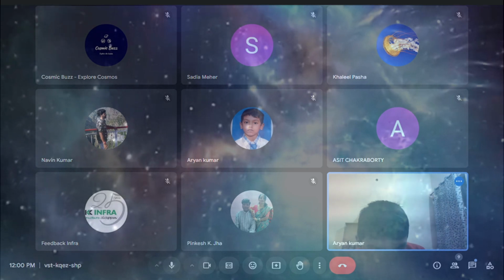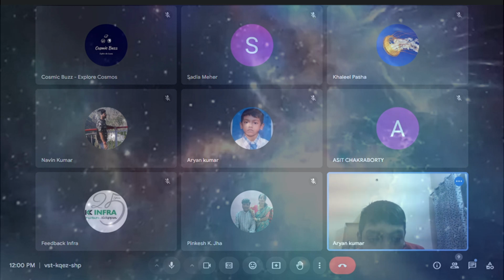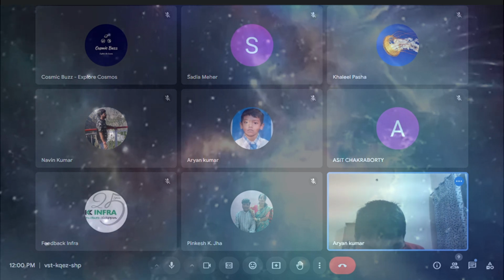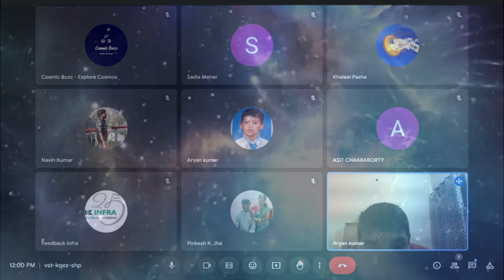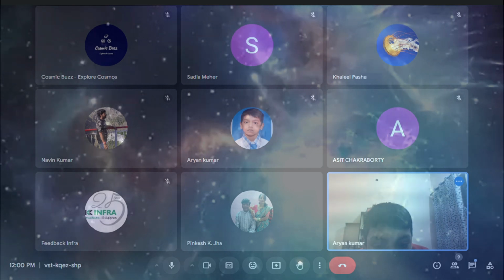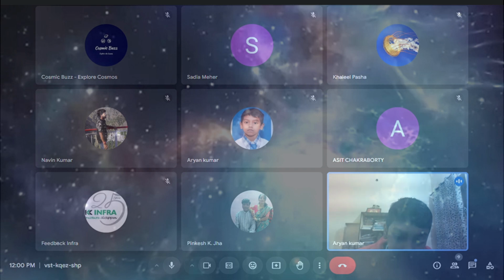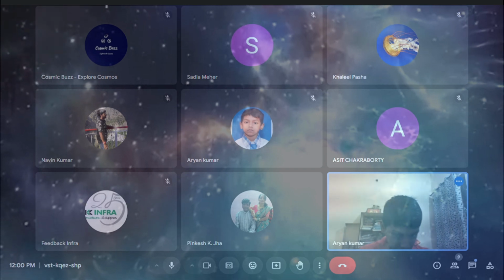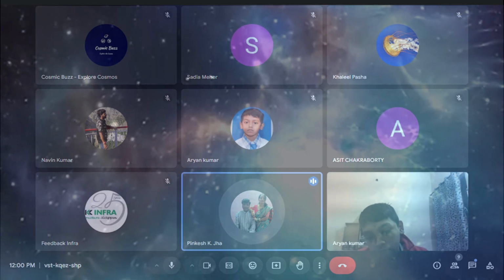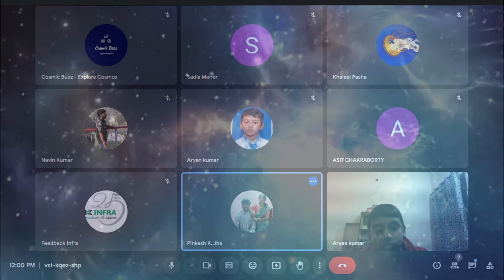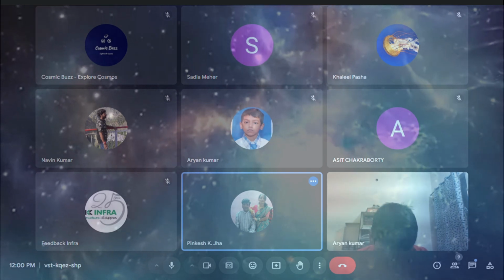Chakrabarti, do you have any suggestions on what should be the next topic? Asit? Okay, I don't think so. Shreya, do you have any suggestions on what should be the next topic? I think you may go through stars.